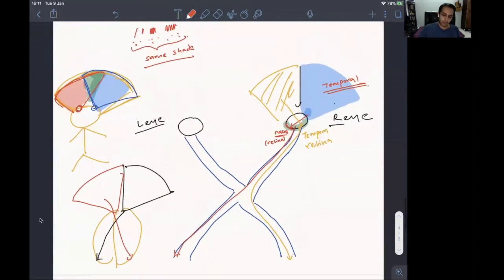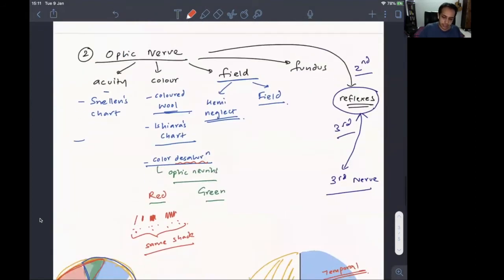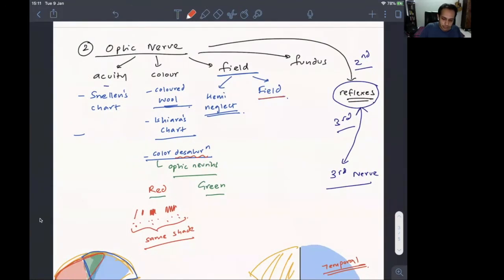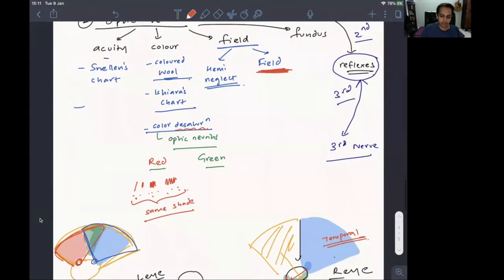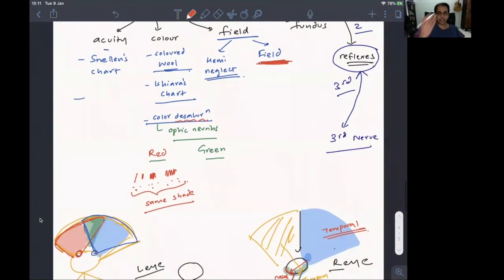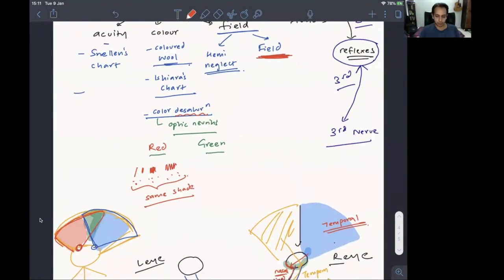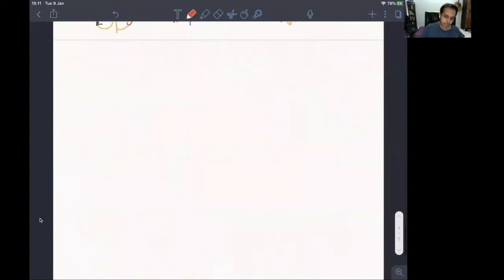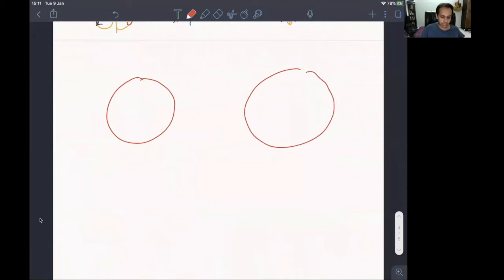Now, when we say that there is a field defect, that could mean that if a person is seeing something in front of him, he is actually seeing two fields, one in each eye.